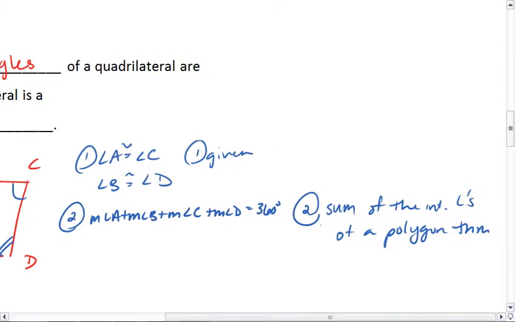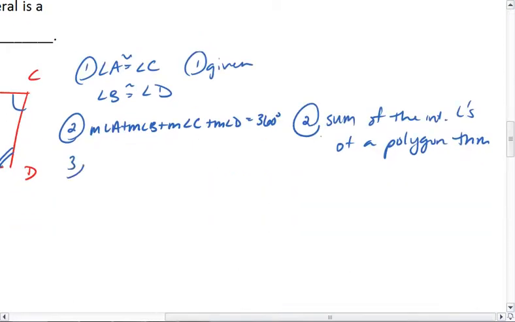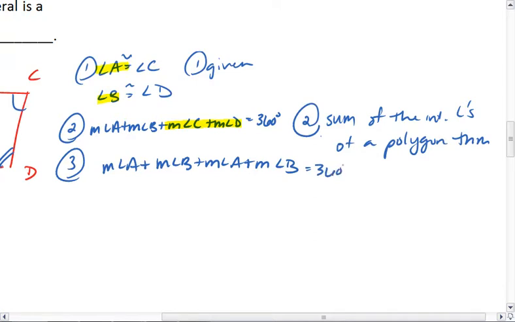If that's the case, we can substitute and realize that the measure of angle A plus the measure of angle B plus the measure of angle A plus the measure of angle B. So we took out C and D and plugged in A and B equals 360. That's by substitution.